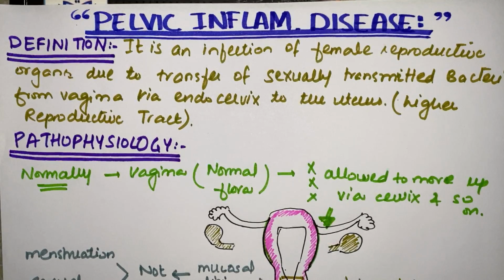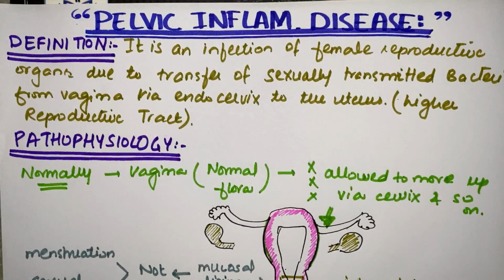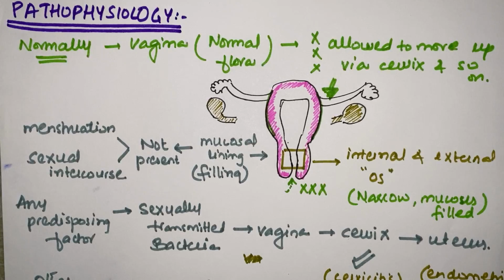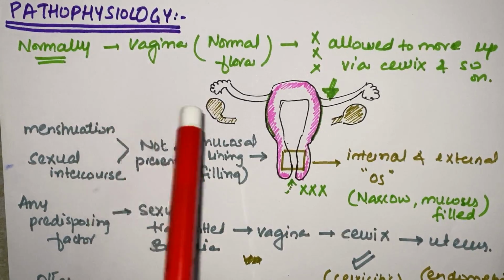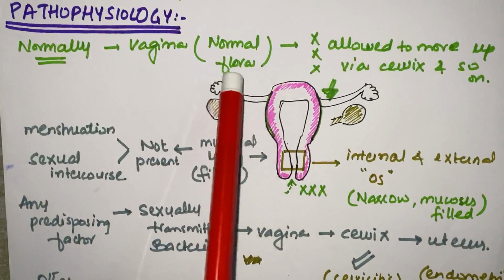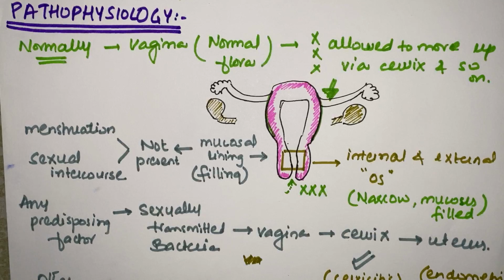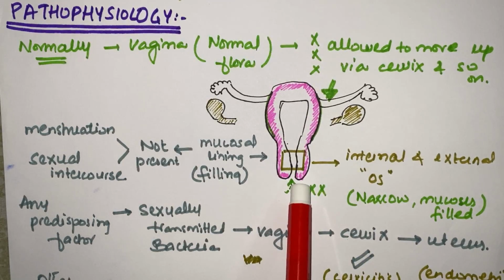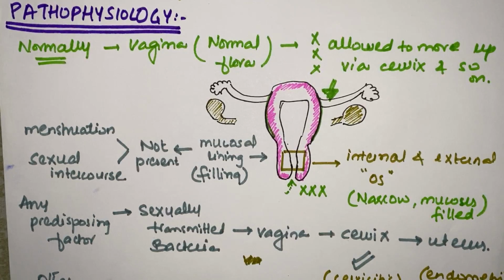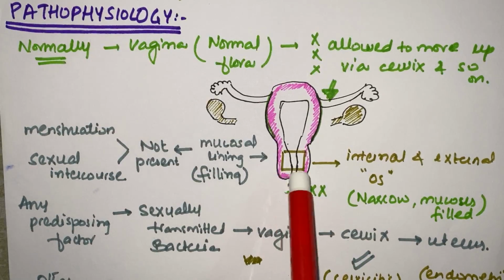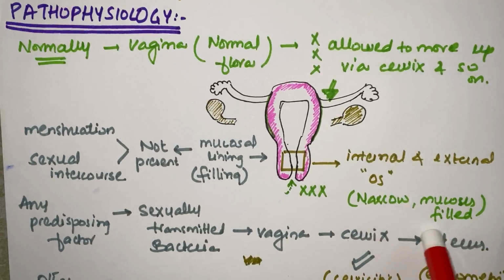Now, talking about its pathophysiology, which is very important, of course, if we know the pathophysiology, we can easily understand the whole disease. As we know, normally our vagina consists of normal flora, meaning a lot of bacteria and fungi are present within the vagina normally, but they are not allowed to move from the vagina, cross the cervix and reach the upper reproductive tract. Why? Because the area within the internal os and external os of the cervix is, first of all, narrow, and secondly, mucus filled.